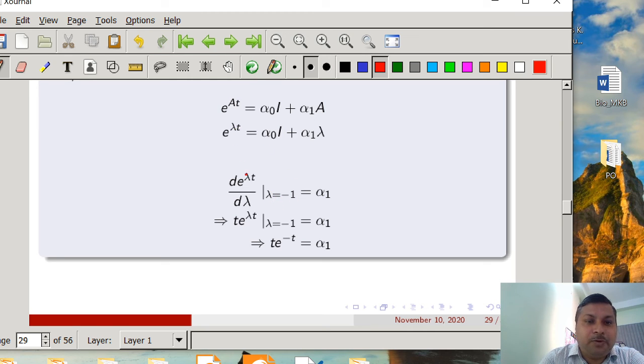If you do the derivative of e to the power lambda t with respect to lambda, you will get t into e to the power lambda t, and on the right hand side you will get only alpha 1. Putting lambda equal to minus 1, you will get alpha 1 equal to t into e to the power minus t.